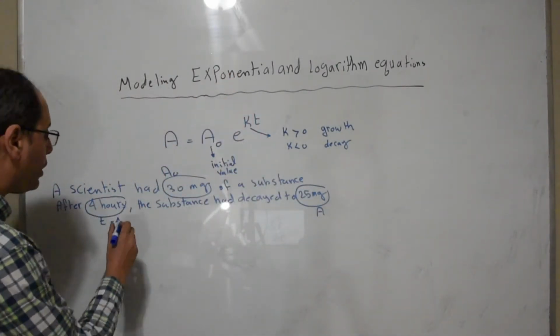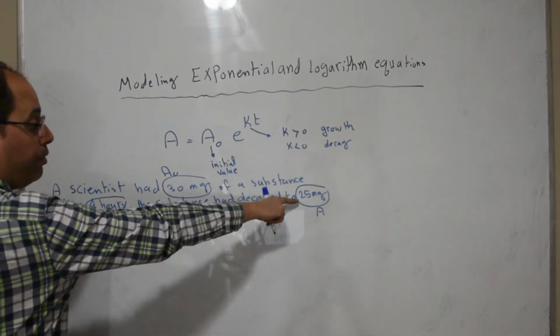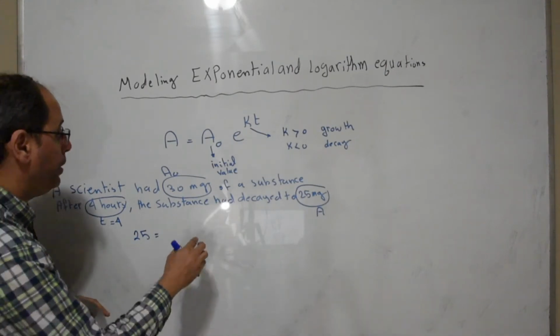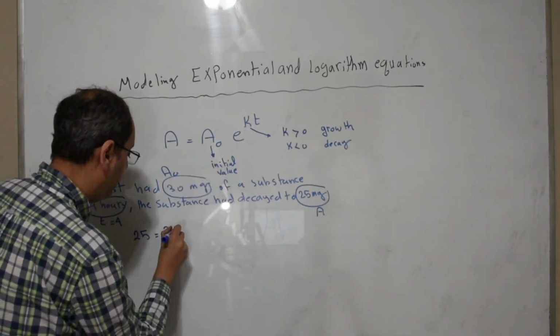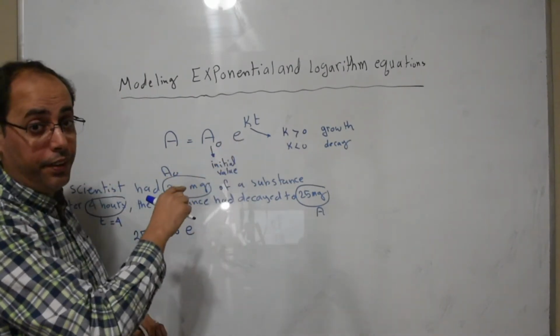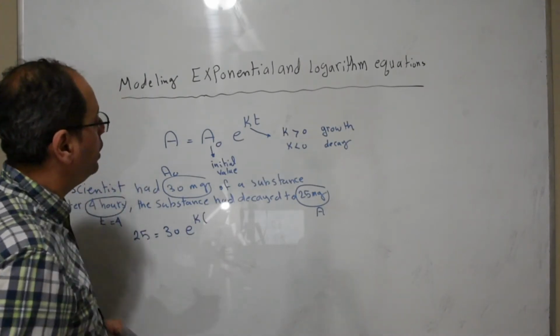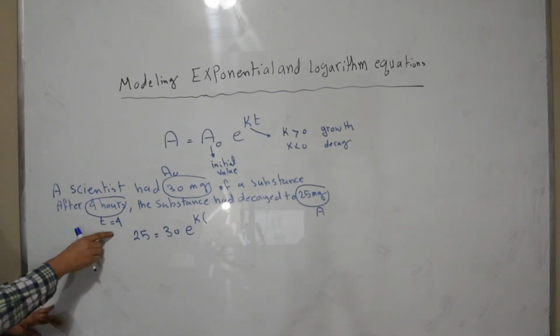Okay, so what is A here? A is 25. So 25 equals A naught, which is 30, times e to the kt. Do I know k? No. I have t. Where's t? Here it is, 4.